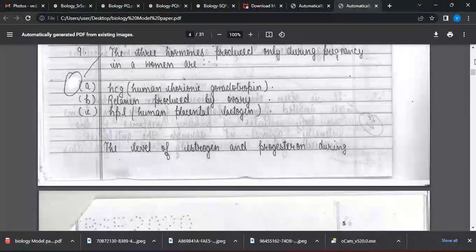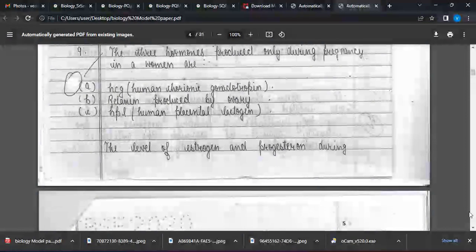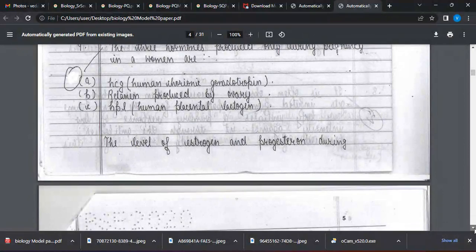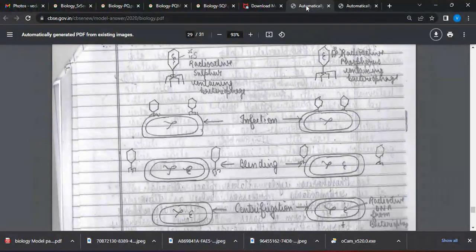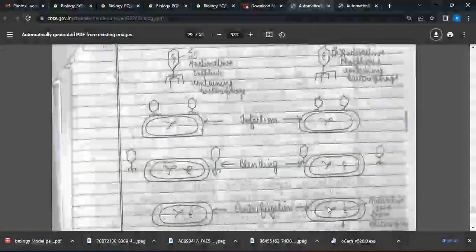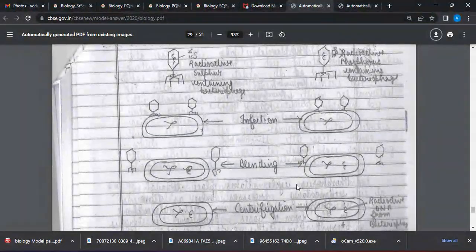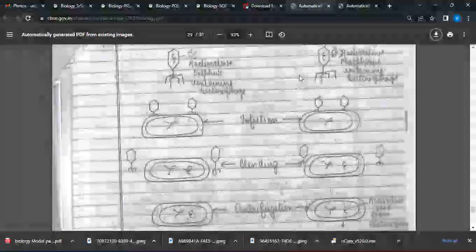See one of the questions here, a 2 mark question, where you find section A, B and C written separately. Here you find a 5 mark question, diagram, labeling, and each step has been labeled separately. So the steps are written separately. It's like a flow chart.